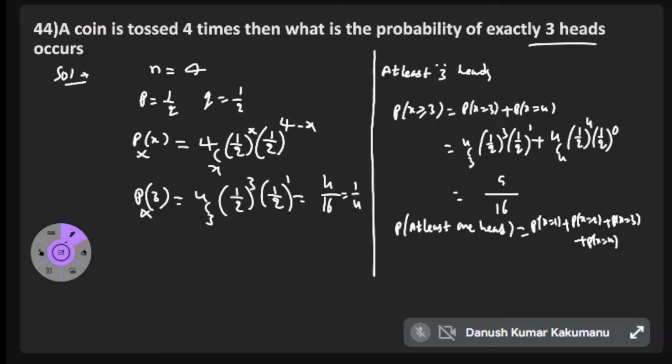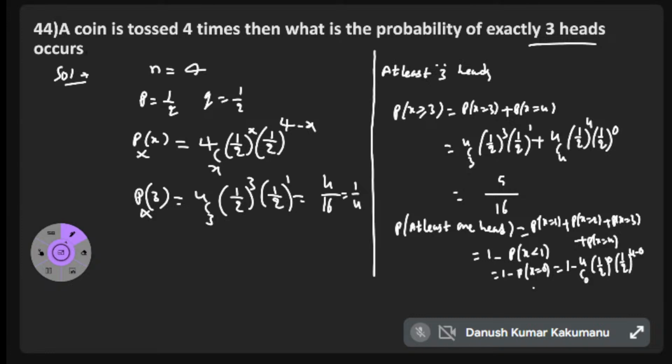Or otherwise, instead of doing these 4, take 1 minus P of x less than 1. These are all x greater than or equal to 1, so you can take x less than 1. 1 minus P of x less than 1 means x equal to 0. Substitute the x value 0 here: 4C0, P to the power 0, Q to the power 4 minus 0.